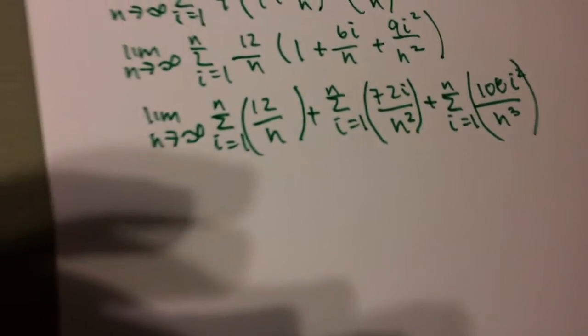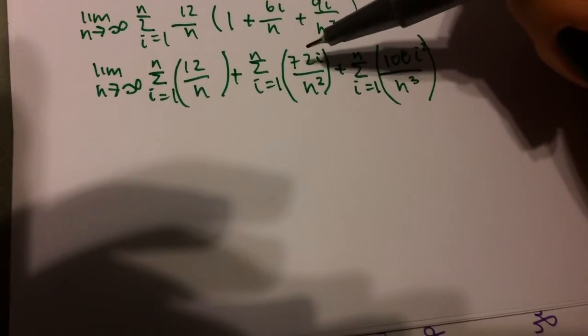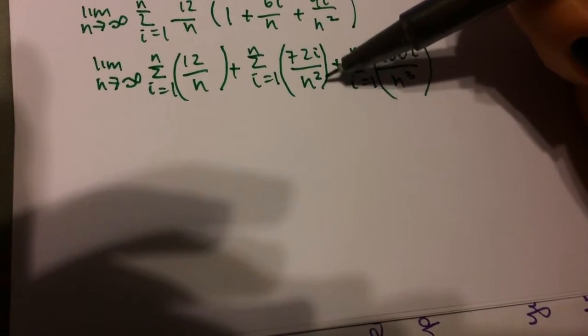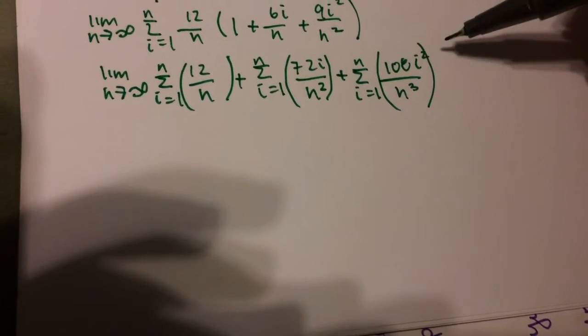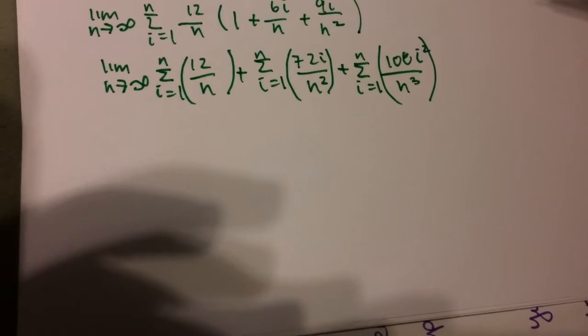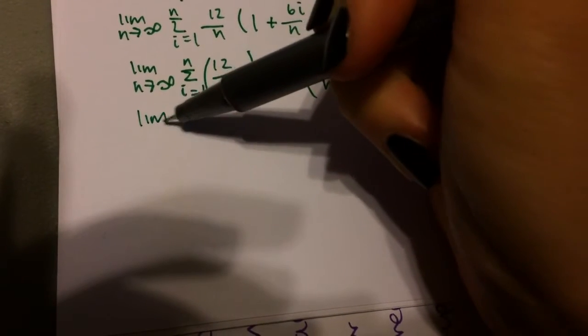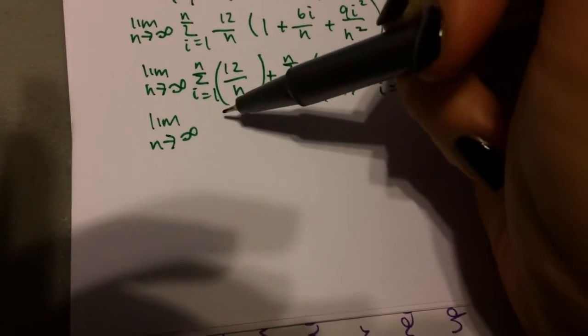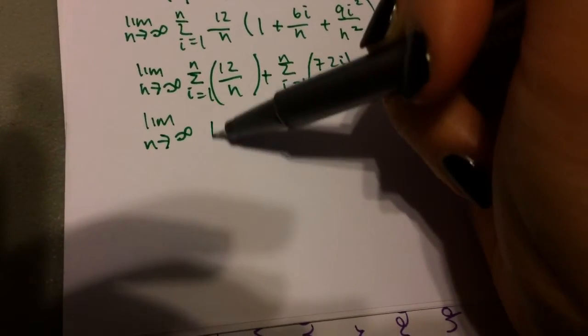Okay, great. And so now for these ones, you can just take out these, you have to isolate the i and the i squared here so that you can use your really useful summation formulas. So that will just be simplified into, this is just n times this, so simplify, that's 12.